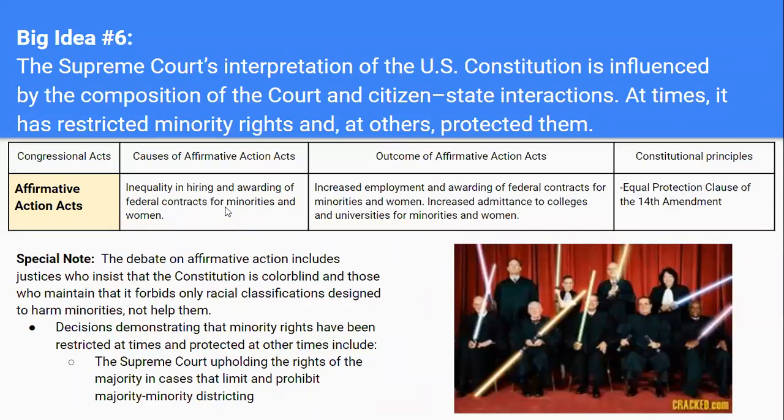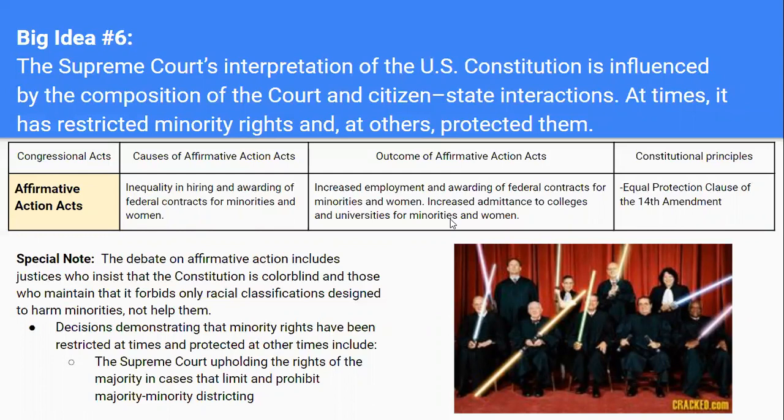It was an effort to increase opportunities for minorities and women in education and employment. Those were the two main ones. The outcome of affirmative action acts was increased employment and awarding of federal contracts for minorities and women, and increased admittance to colleges and universities for minorities and women.